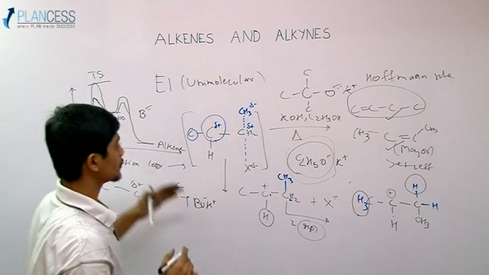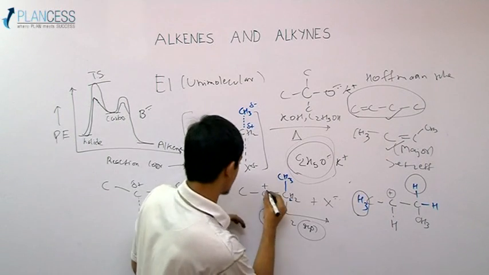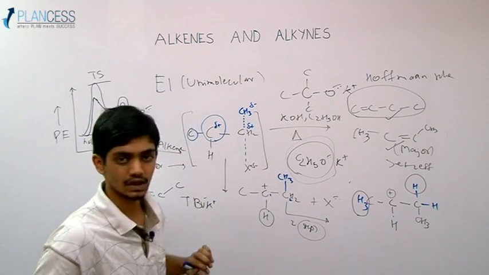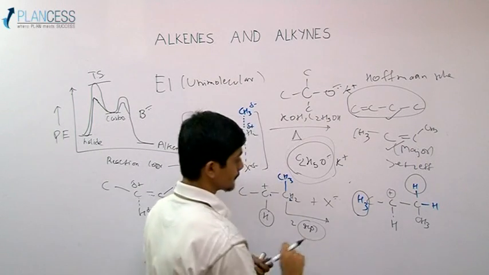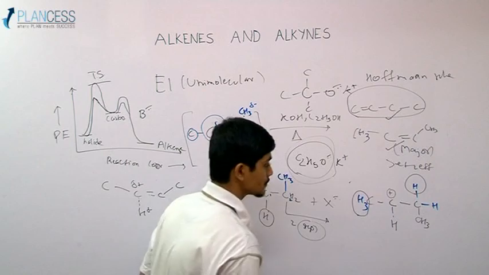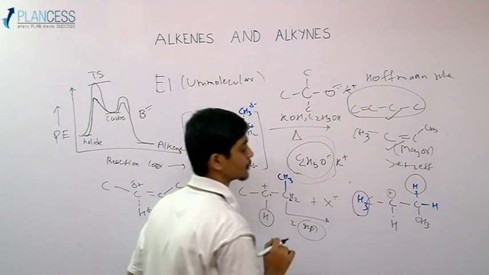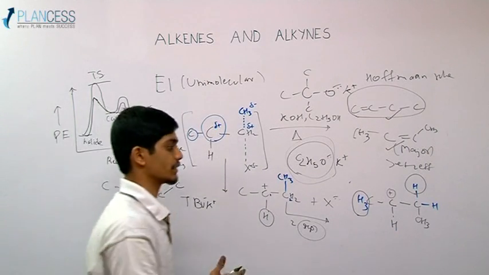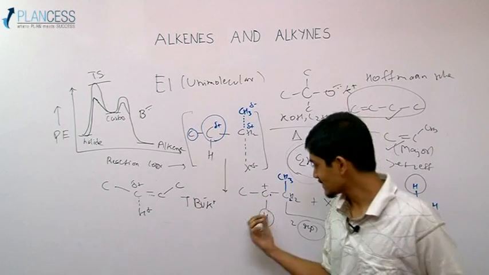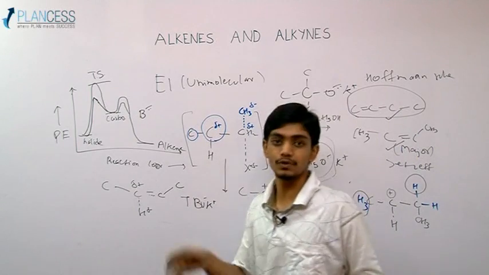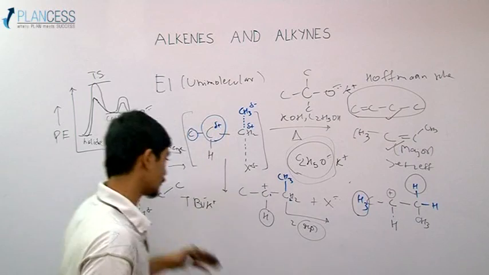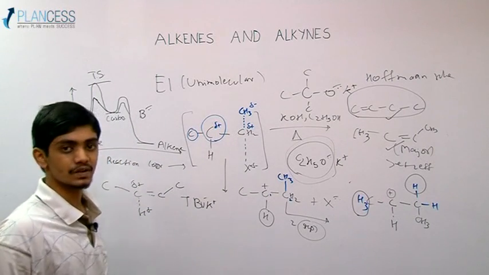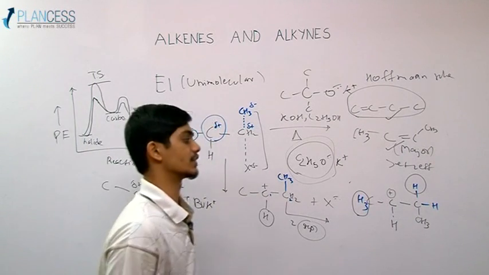Suppose this is our carbocation. Now the base approaches this molecule, and the base is a very bulky one, and the base is actually increasing in size when you put it in water. Why? Because of solvation. If you solvate it, then the size of this base becomes even larger.